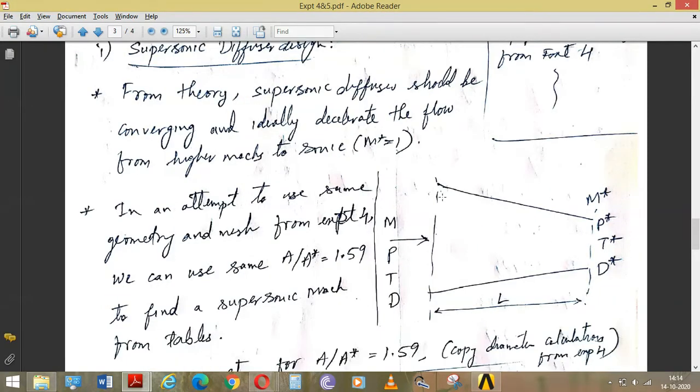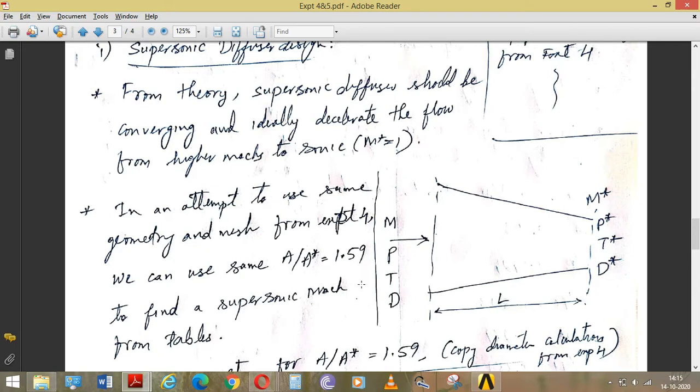This is the basic idea. We roughly put a converging duct, and after this we have to find the exact dimensions of the duct. For a very simple supersonic diffuser, we can take a straight walled diffuser and design it simply.